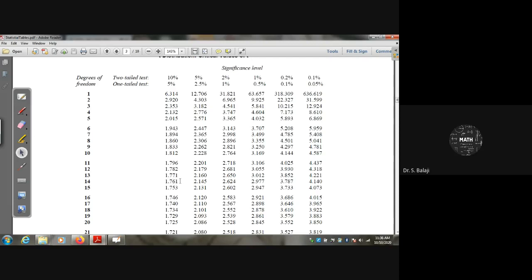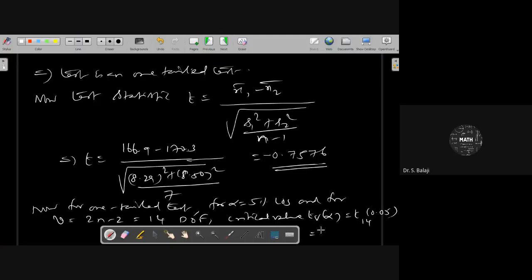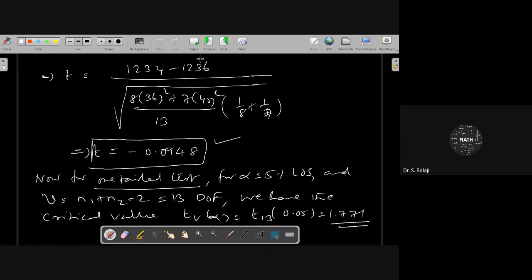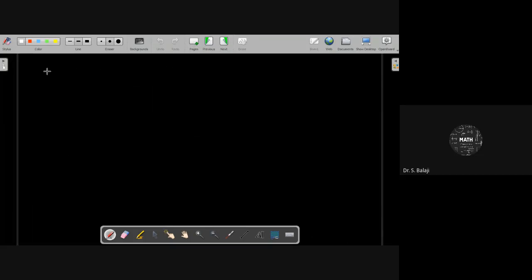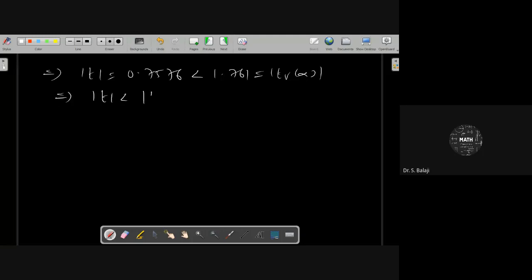That is 1.761. Right. So the modulus value of t, that is 0.7576, is less than 1.761, which is equal to the modulus value of t alpha. It implies modulus of t is less than modulus of t alpha, so accept H naught.